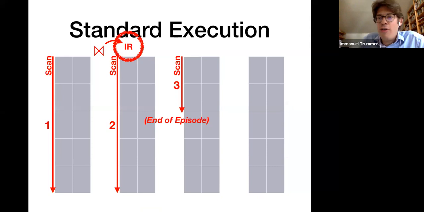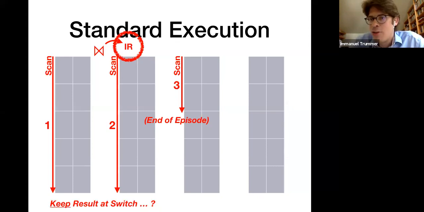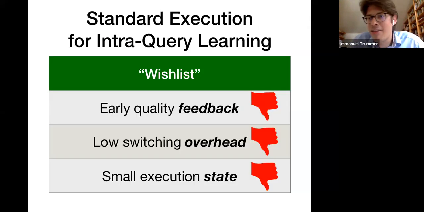Now, of course, there's also the possibility that we just keep the intermediate result when we switch to a different join order. But that would mean that we might have to keep lots of intermediate results for the different join orders in memory or on disk. And that means that the execution state per join order might actually be large. So the standard join execution is probably not a good idea when comparing to this wish list.